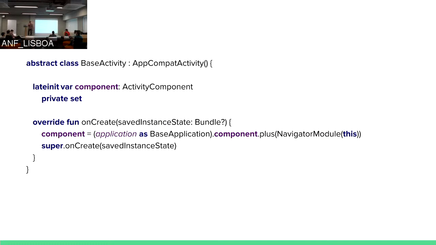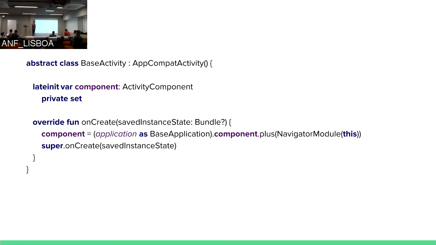There's an interesting thing about this code: the onCreate super method is called afterwards. First, I instantiate the component, and afterwards I call the onCreate method. And there's a reason for that. When you have a configuration change, like rotating the device, or if you have a fragment statically declared in the XML of the activity, when I call super, it gets created.